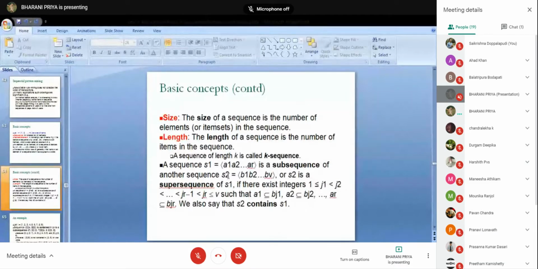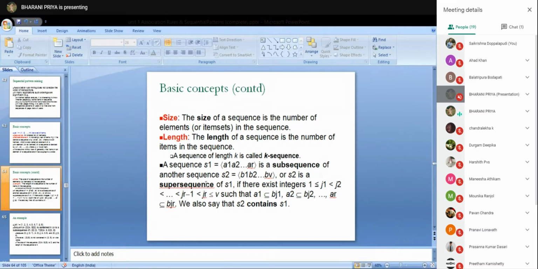Yes, ma'am. Next, coming to the definition of subsequence. Again, don't worry, I'll explain with the example. A sequence S1 is a subsequence of another sequence S2 if every item set is a subset of the item sets in the other sequence.